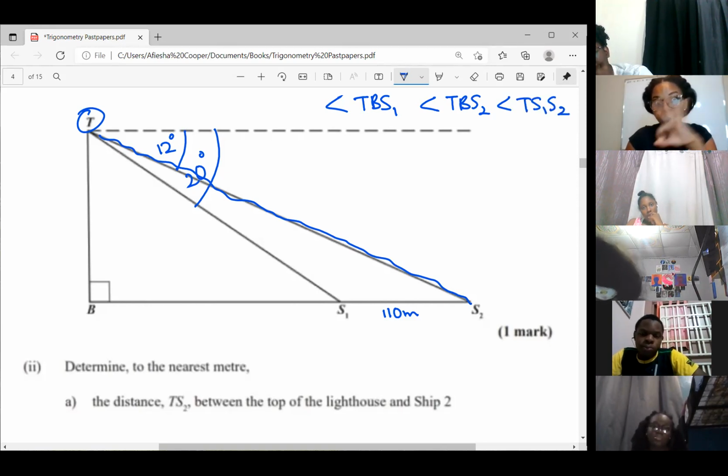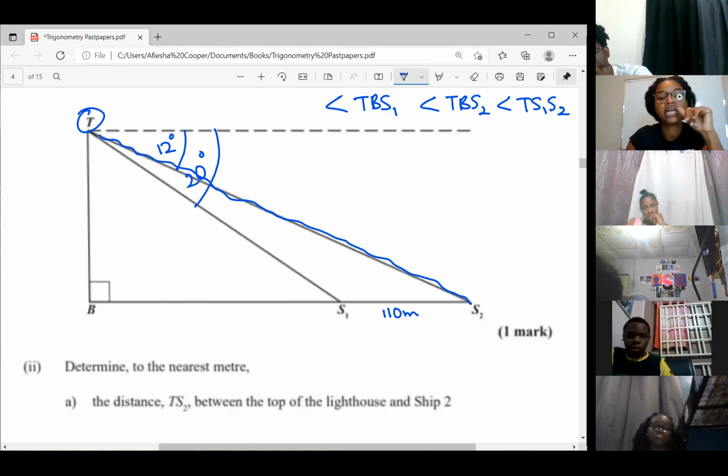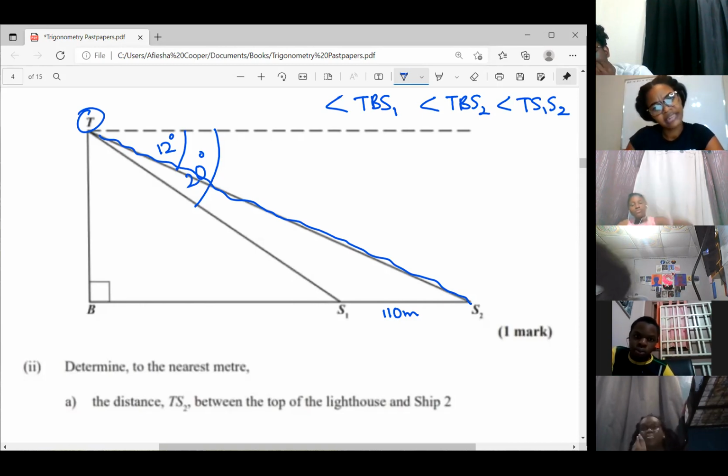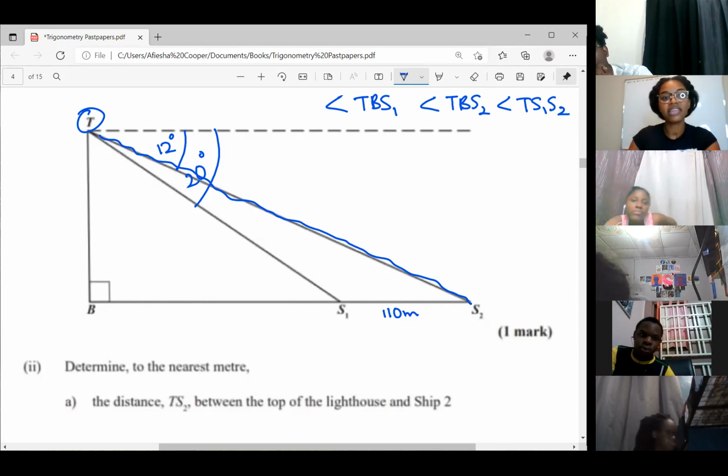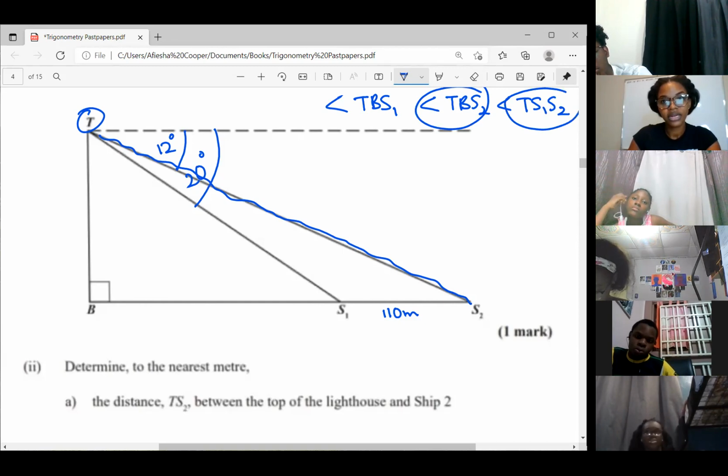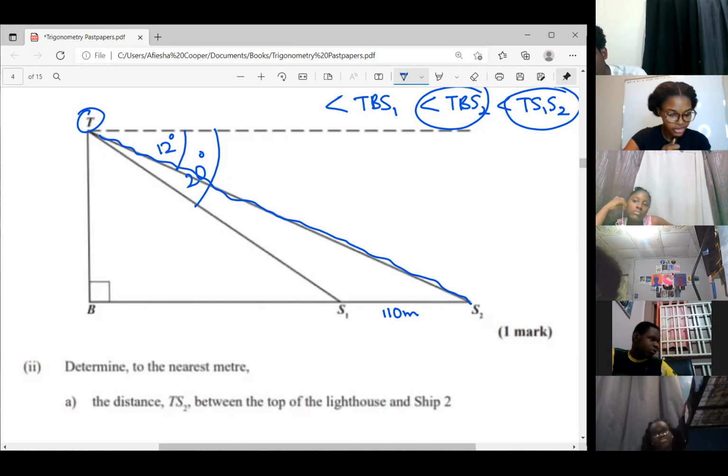So 3 triangles, right? TBS1, TBS2, TS1S2. So which triangle are we trying to focus on for this length here? We could either be focusing on TBS2 or TS1S2. We don't have any information for TBS2.